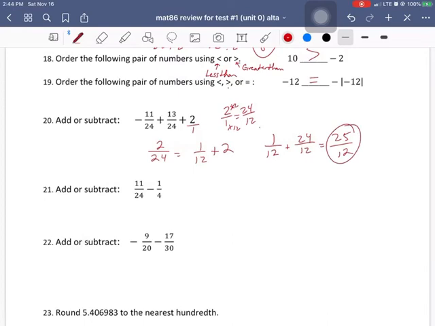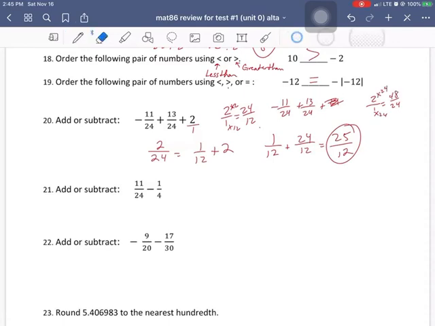That is one way to do it. Another way would be to convert this 2 to a denominator of 24 way back here, so you'd have negative 11 over 24 plus 13 over 24 plus 2. We're going to have a 24 as a denominator. So 2 over 1 equals what over 24? So this is times 24, so 48.